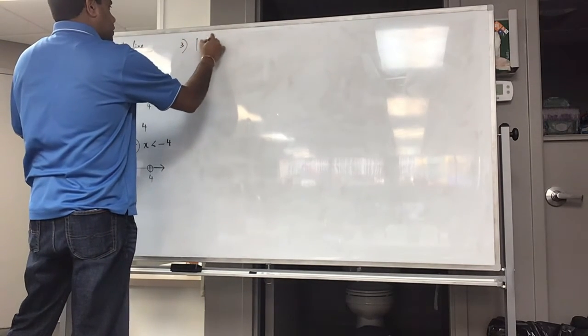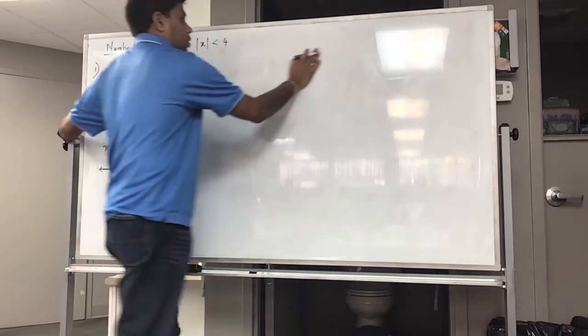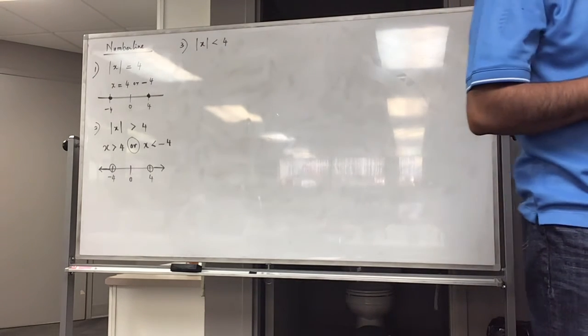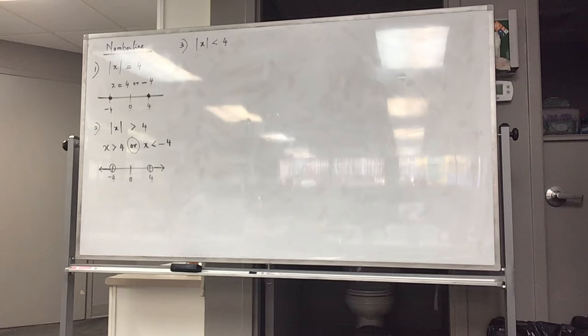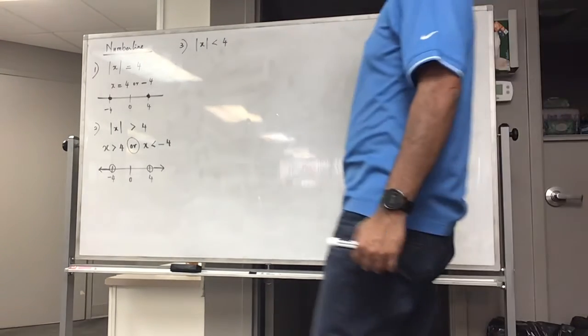Same problem, absolute of x is less than 4. A less than absolute function is called an AND function.